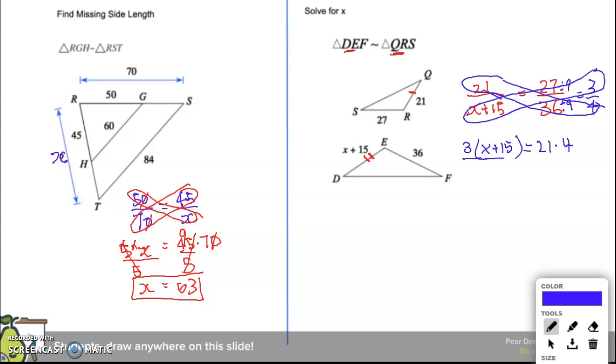I can divide both sides by 3 here. 21 divided by 3 is 7. 7 times 4 is 28, equal to x plus 15. Subtract 15 from both sides, which leaves me with x is equal to 13.